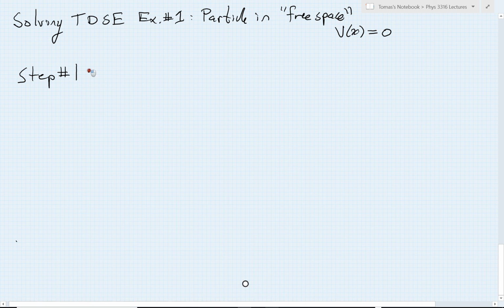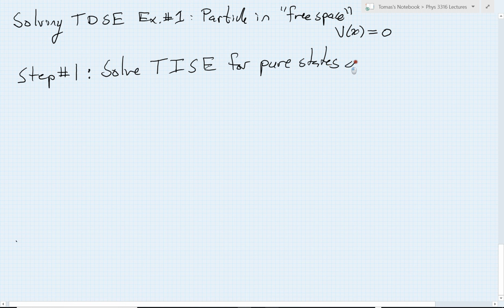So the first thing that we need to do is actually to solve the time-independent Schrodinger equation for the pure states. And of course, we're talking about pure states of the energy E. Once we have those, then we can use the quantum principle of superposition in our next step. But let's go through this step for our particular case.